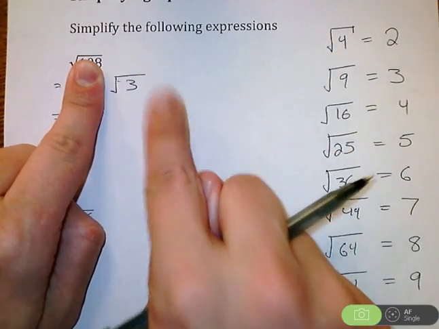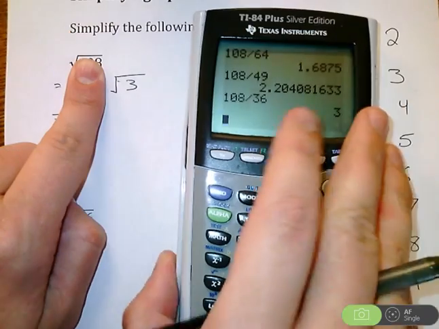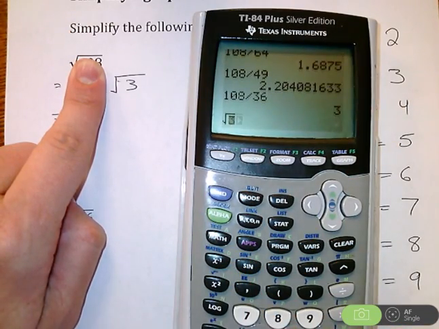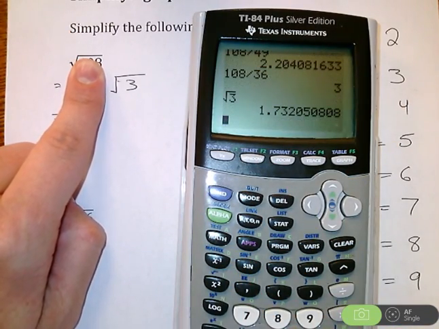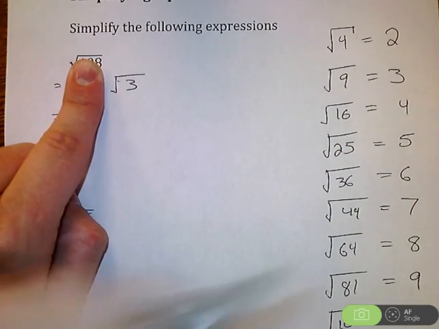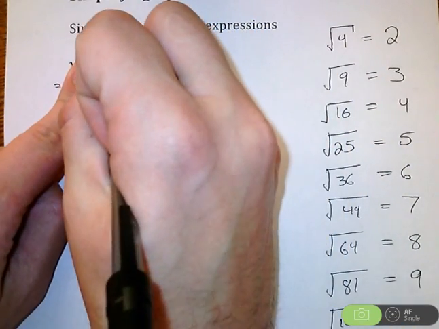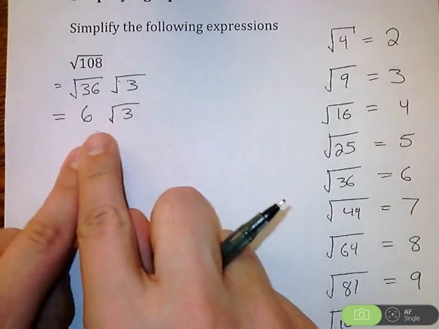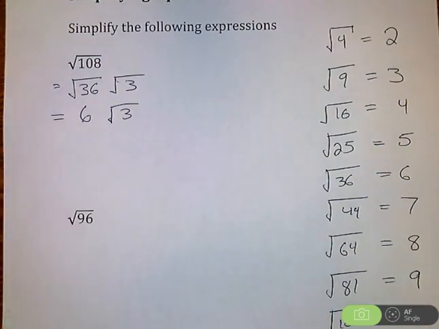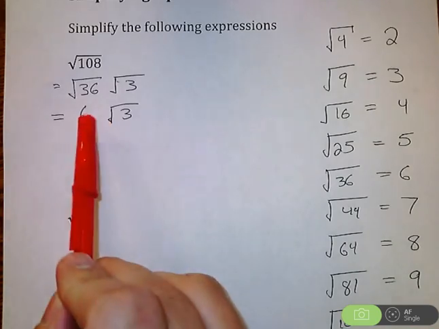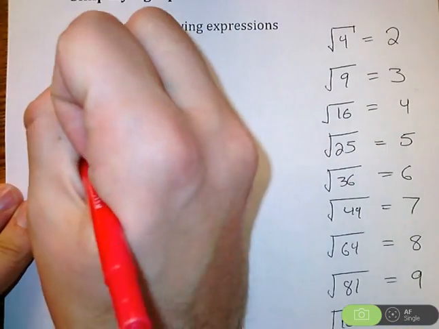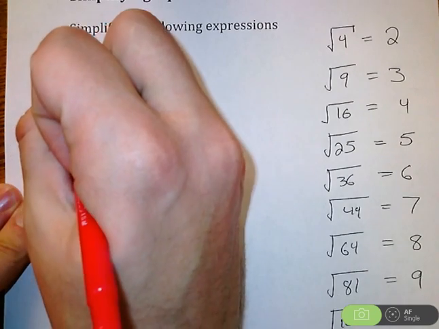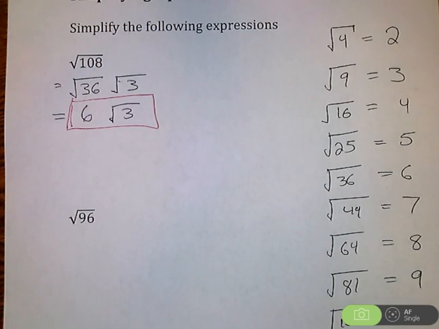We don't know what it is. Even in a calculator, the square root of 3 is a decimal, 1.73 and so on. So if there's nothing I can do with it, leave it alone. Rewrite it as the square root of 3. And what we have here together is my answer: 6 square root of 3 is the most simplified version.